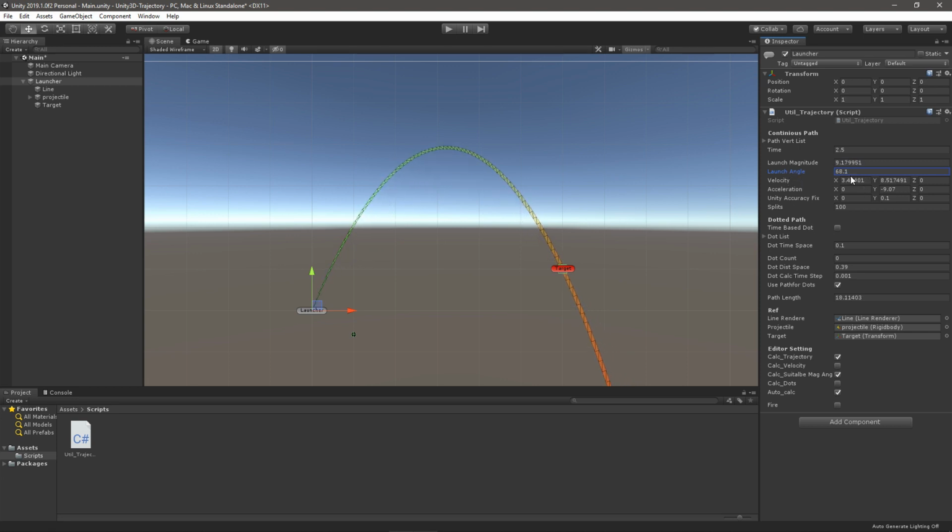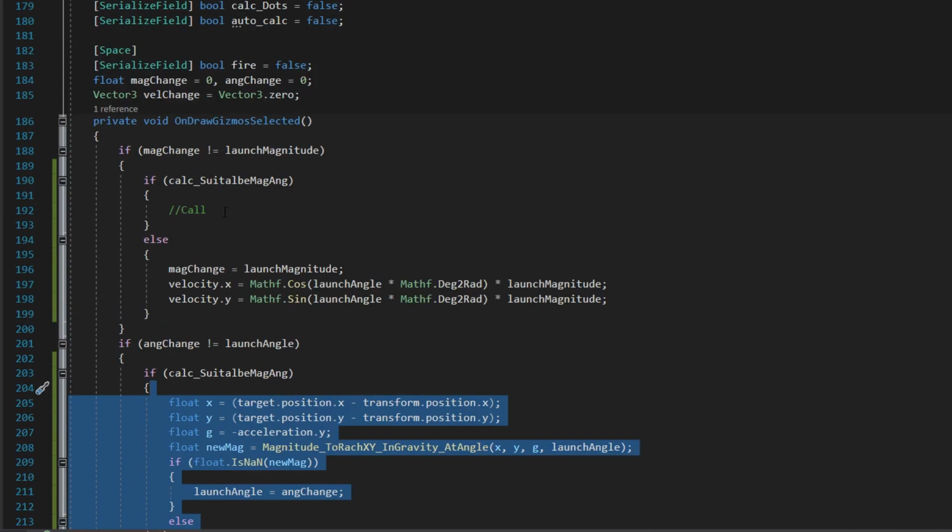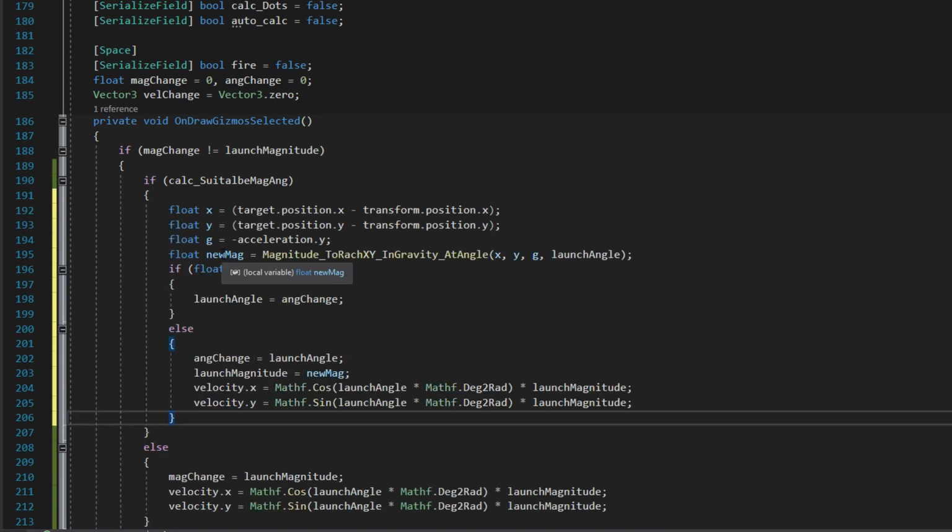So let's say for angle 70, the magnitude we need to hit the target is 9.49. Okay, so this seems to be working pretty fine. I like it. And let's do the same for the magnitude. So we will need the same thing for our magnitude, which is x, y, g, and new angle.